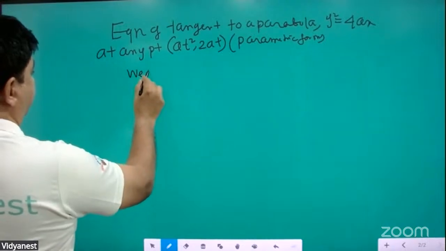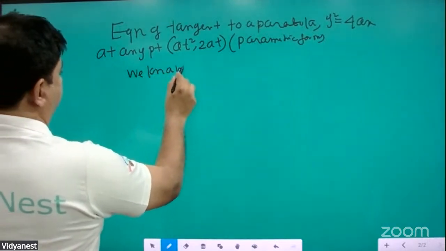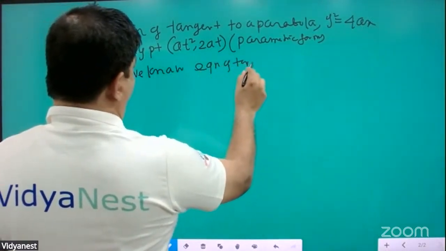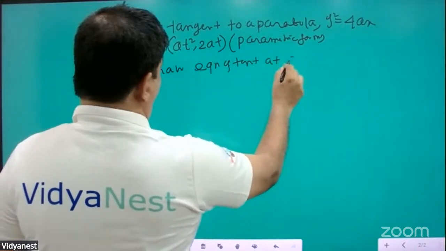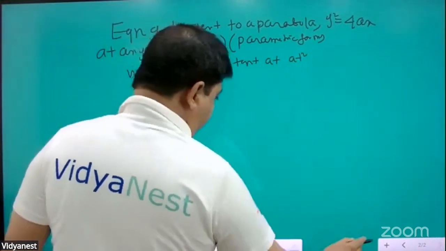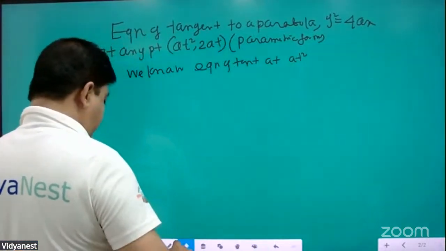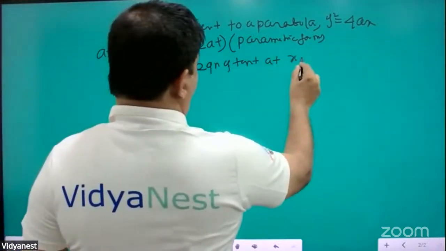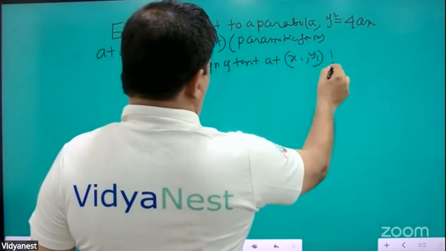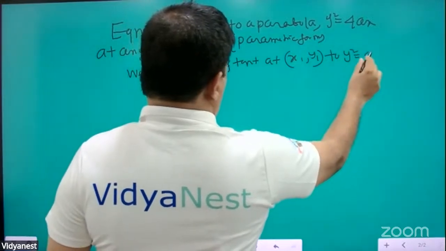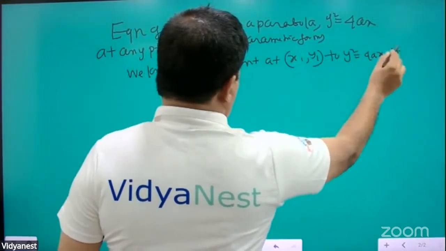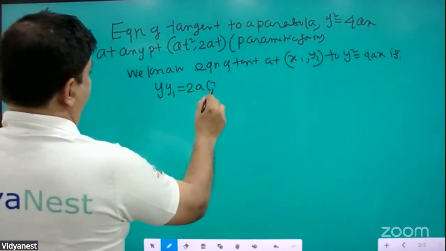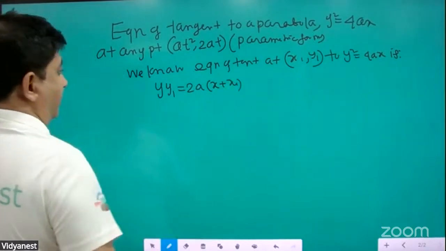We know the equation at (x1, y1) to y² = 4ax is y y1 = 2a(x + x1).